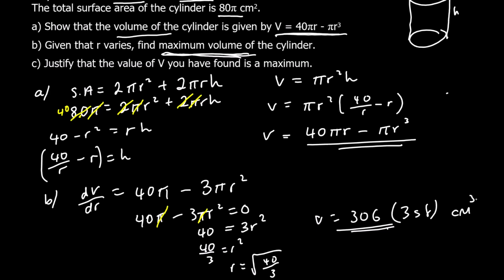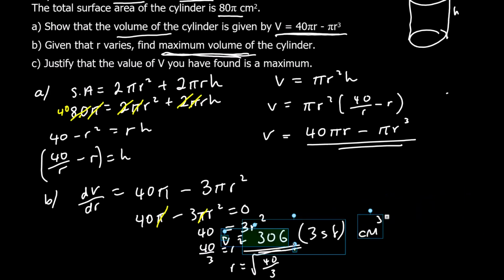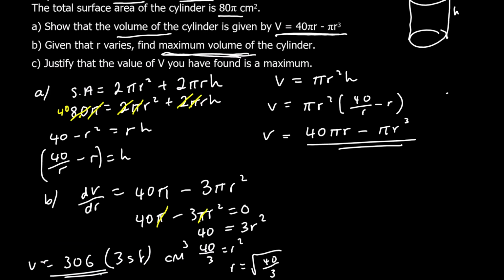Justify that the value of V is a maximum. So we can do that by finding the second differential. So d squared V over dr squared, the second differential. So 40 pi, that's just a number, that's going to disappear. And we times by the power, so negative 6 pi r, take one off the power. So that is our second derivative.